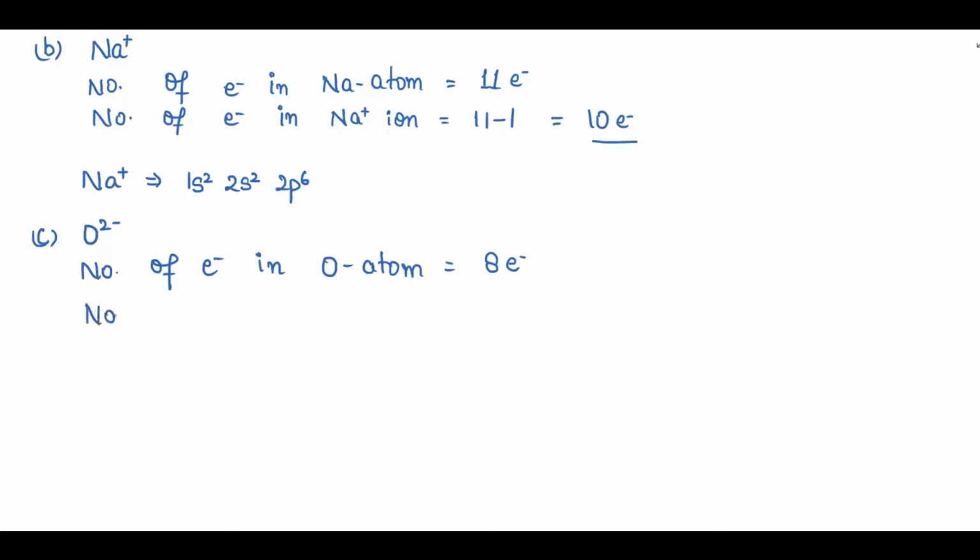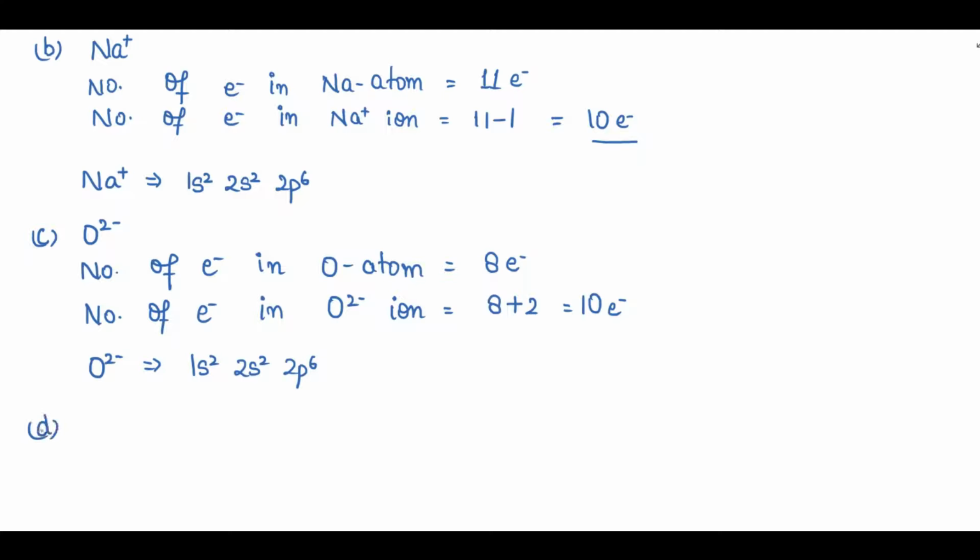So the number of electrons in O2 negative ion is equal to 8 plus 2, that will be 10 electrons, right? The same electronic configuration will come in the case of O2 negative. So you can write O2 negative 1s2, 2s2 and 2p6. If you see, 2 plus 2, 4, 4 plus 6, 10.